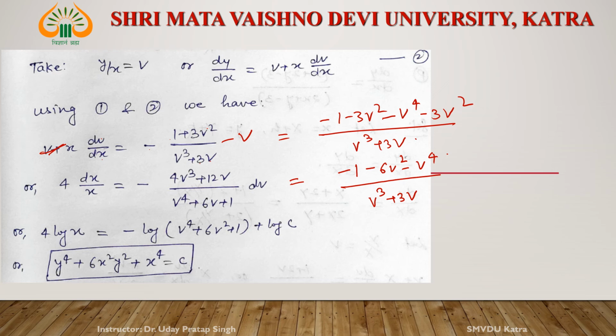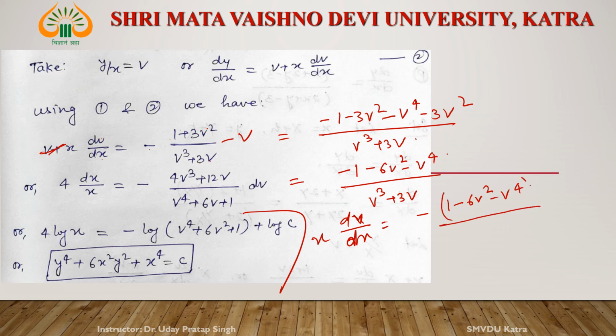So x dv by dx equal to minus 1 minus 6v square minus v to the power 4 divided by v cube plus 3v.